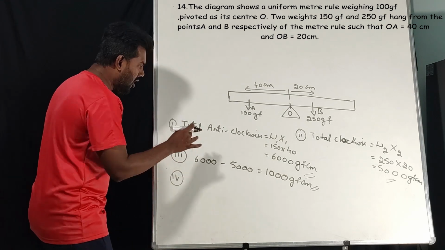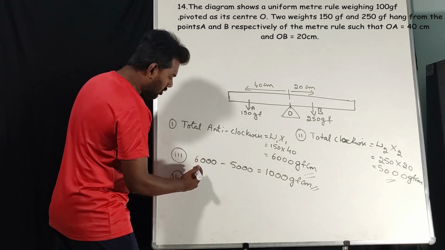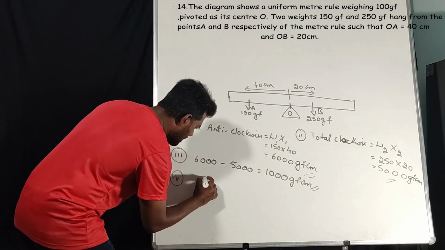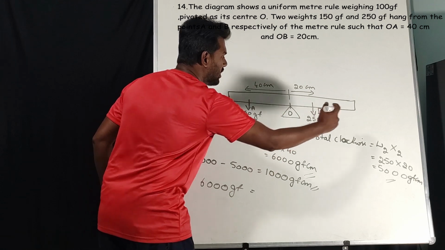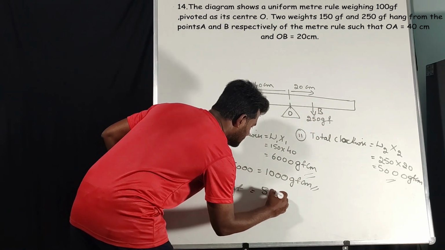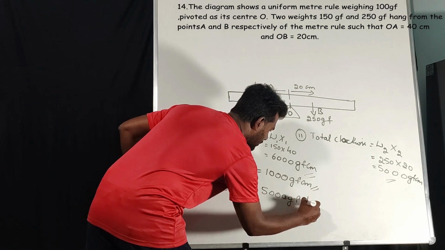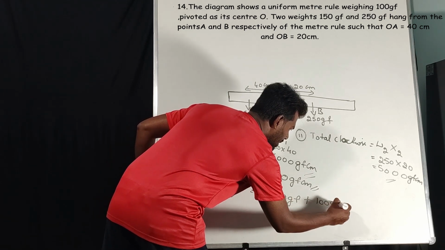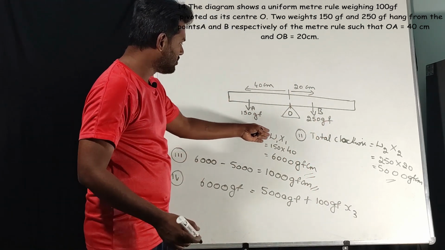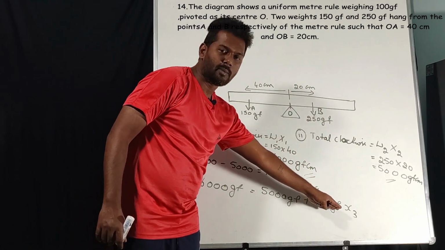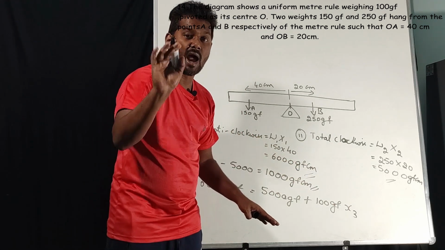Listen. Total anti-clockwise moments, you have to write it in a sentence again. For the fourth one, total anti-clockwise moments, that is 6000 GF centimeter, is equal to total clockwise moments, that is 5000 GF centimeter plus 100 gram force into x3. Why x3? Because we have used x1 and x2. We have to find the position of this 100 gram which is provided additionally.